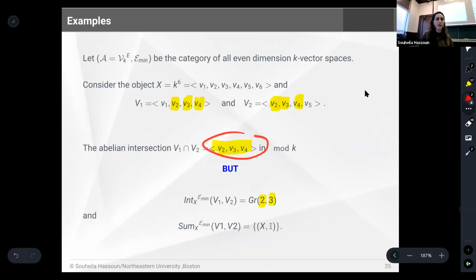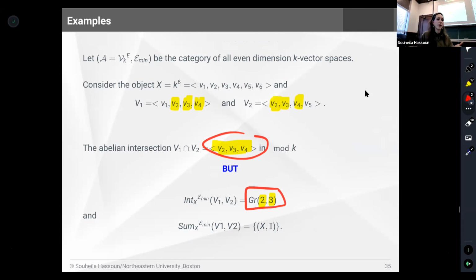So we take all the ones of dimension 2 in this one. And so that won't be a unique intersection as in the abelian case. This is more general. So we have a set. Here we have the Grassmannian, which is infinite, so we have plenty of subobjects in it. And that's what we mean by this intersection. It's not anymore a unique one because we no longer have a lattice of subobjects.